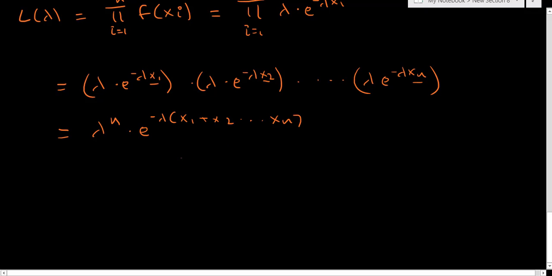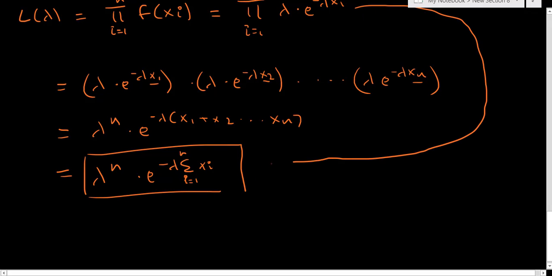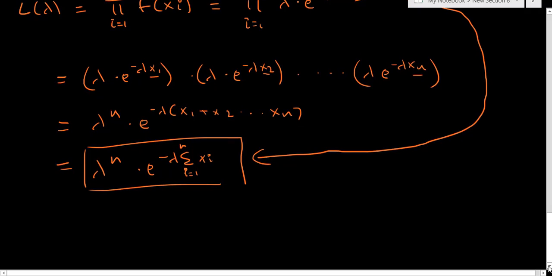Simply, I can just write this as lambda to the power of n e to the power of minus lambda sigma xi, where i goes from 1 to n. Actually you could have gone from this step directly to this step, but just so you could understand how I got this, I gave you two more steps.